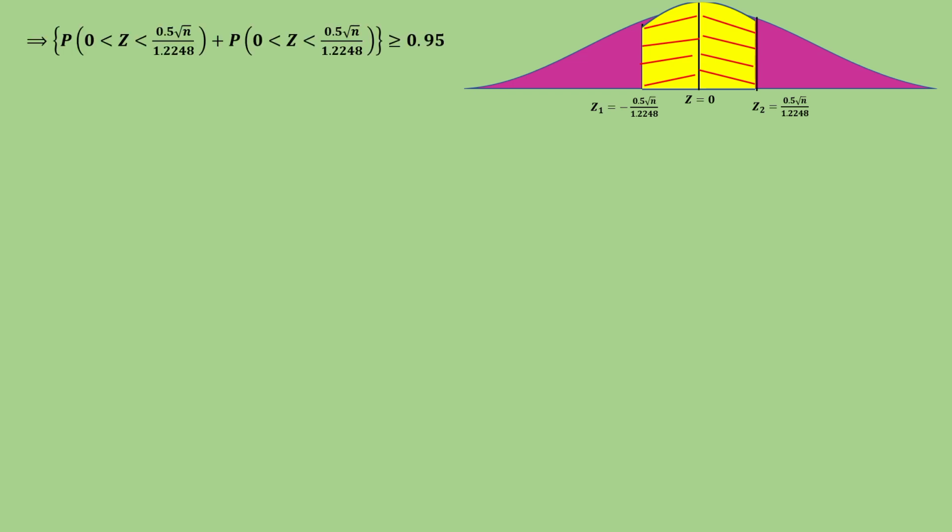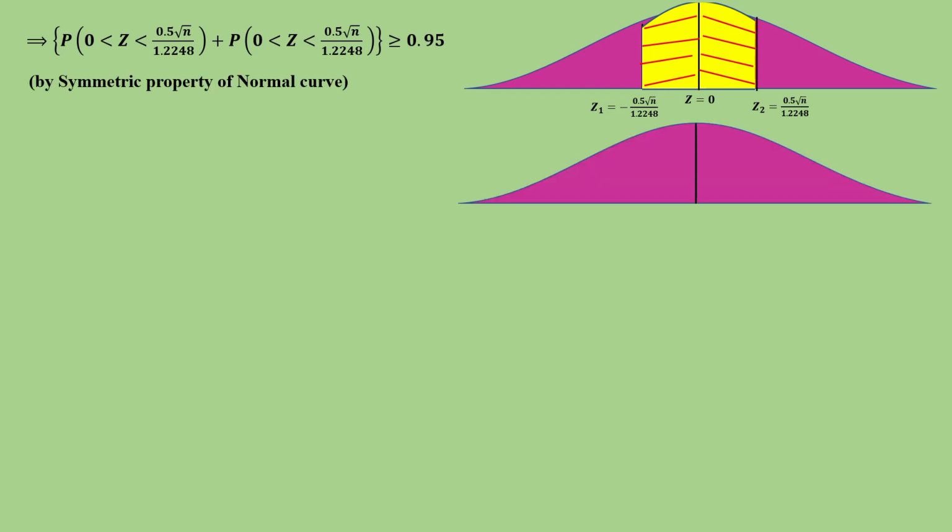Instead of minus 0.5 root 10 by 1.2248 to 0, that area is equal to 0 to plus 0.5 root 10 by 1.2248, which is greater than or equal to 0.95.